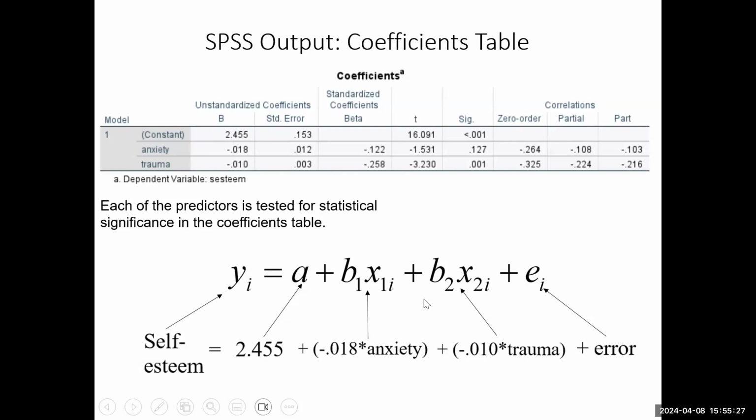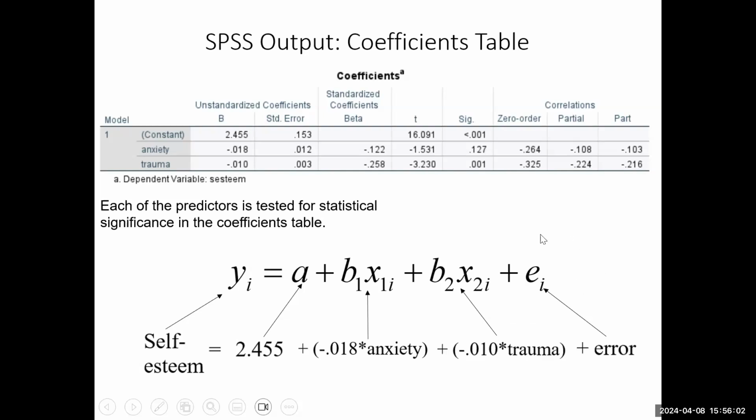Then for our first BX pairing, our first partial regression coefficient multiplied by our first predictor variable, I brought down our negative 0.018, which is the partial regression coefficient for anxiety, and I put multiplied by anxiety. And for our second BX pairing, B2X2, I brought down our negative 0.01, which is the partial unstandardized regression coefficient for trauma, and I showed that we multiply that by trauma.